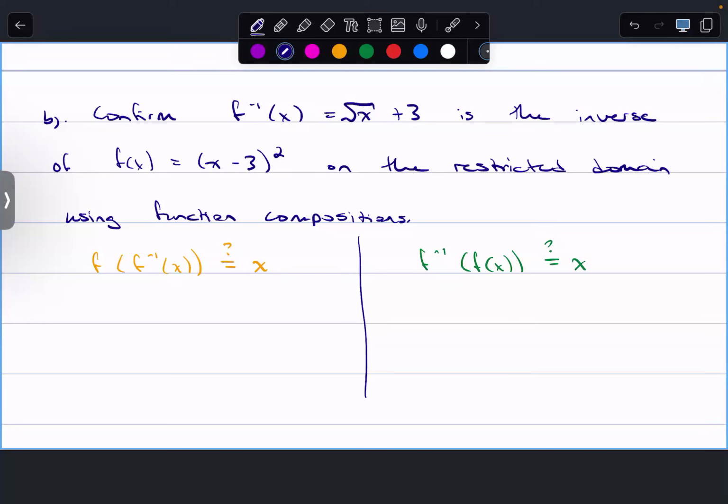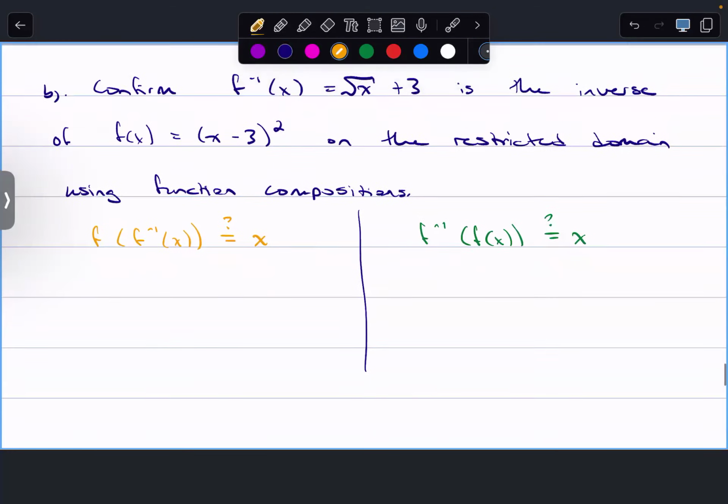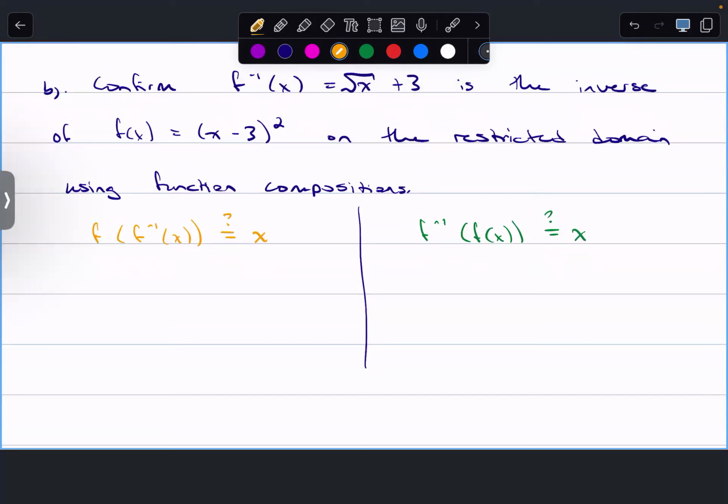So we have f of x, we have the inverse. So here we go. F of x is x minus 3 squared. And wherever I see an x, I'm going to use the inverse, root x plus 3. Treat it as one thing. So I have the root of x plus 3, minus 3, squared.